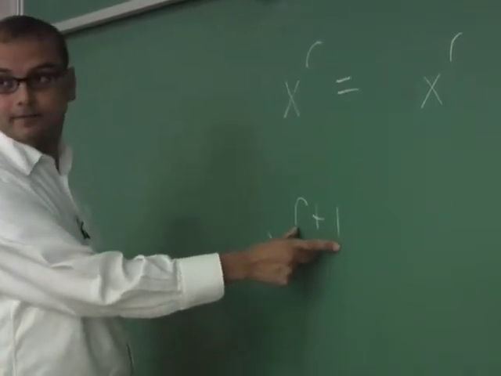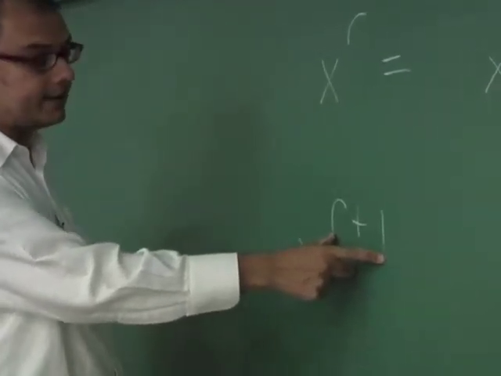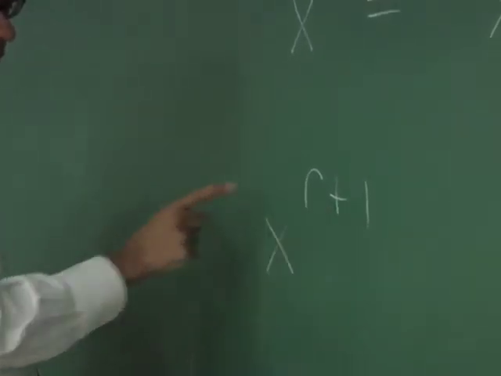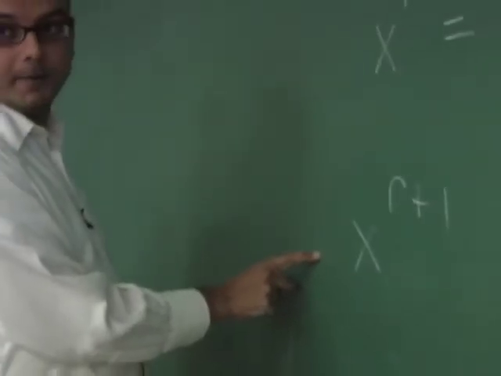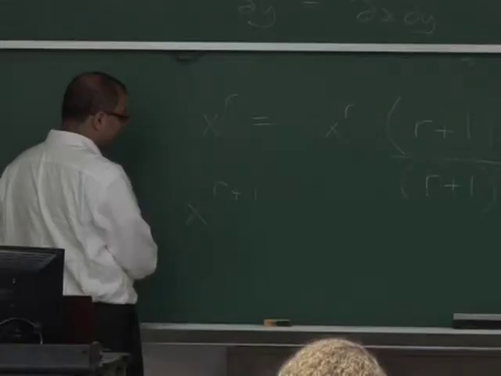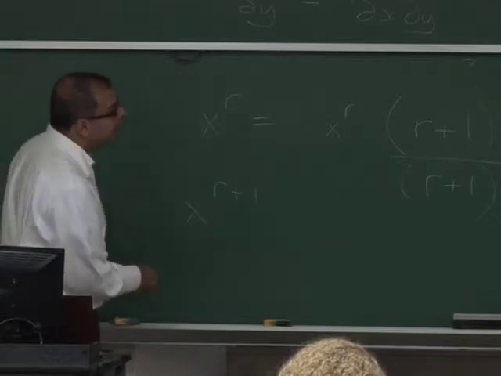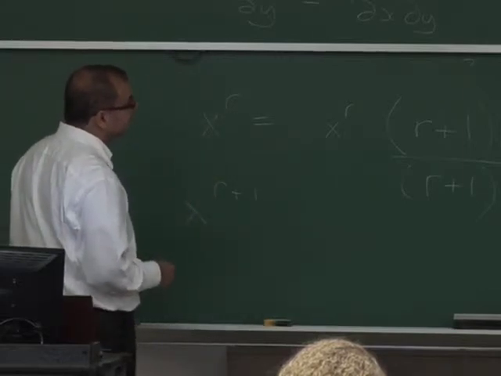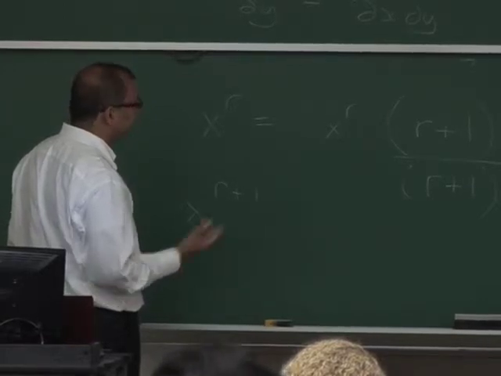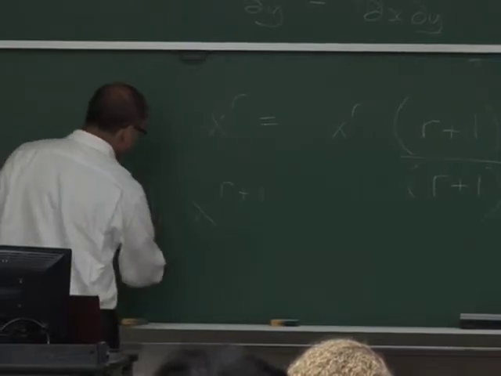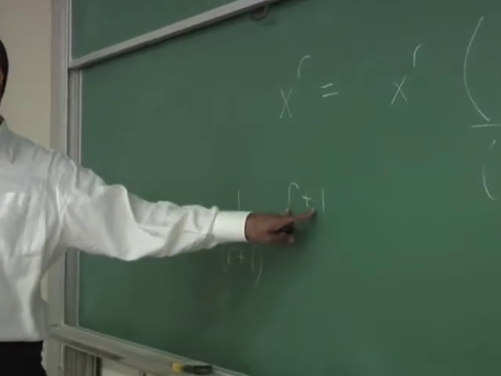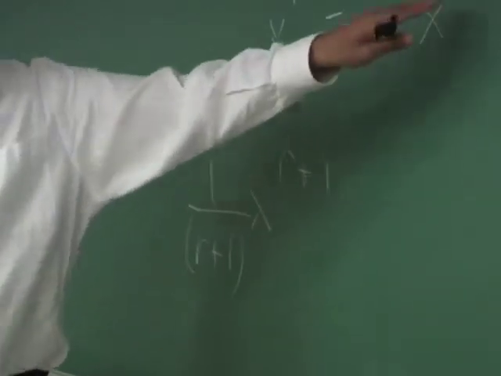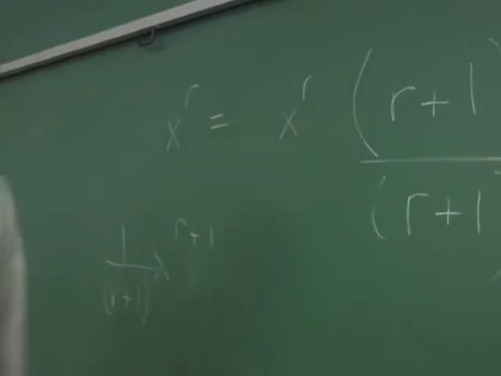And then if I were taking a derivative, this would go in front, so it would be an r plus 1. But I have a 1 here, so what I have to do is to divide by r plus 1, right? So I'm going to get r plus 1, just as we did before. We take the new exponent and divide this by r plus 1.